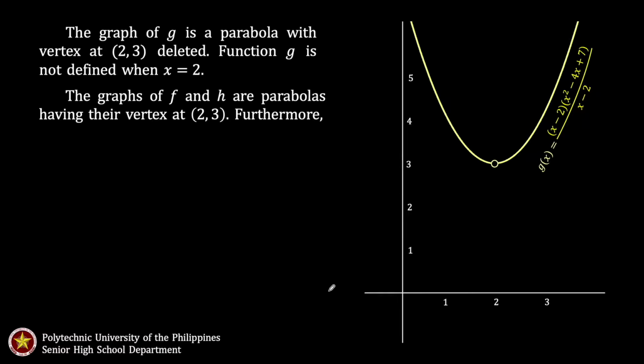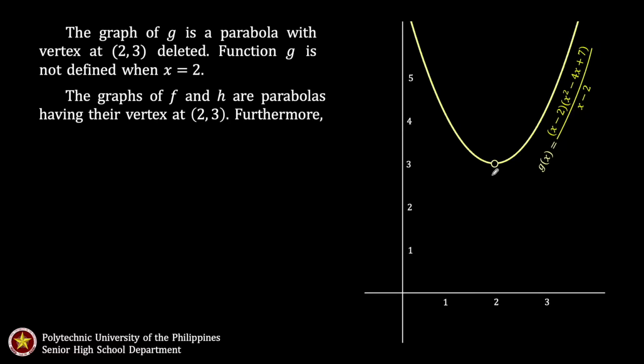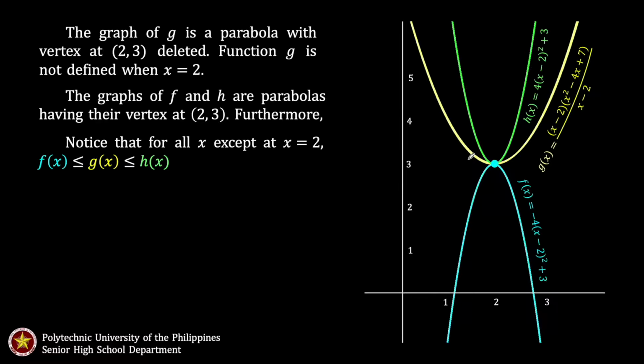Now the graphs of f and h are parabolas with opposite signs. So if the numerical coefficient of a is positive, the parabola is opening upward. Otherwise, the parabola opens downward. Observe that the hollow point on this location was replaced by a solid point since the functions f and h are continuous.